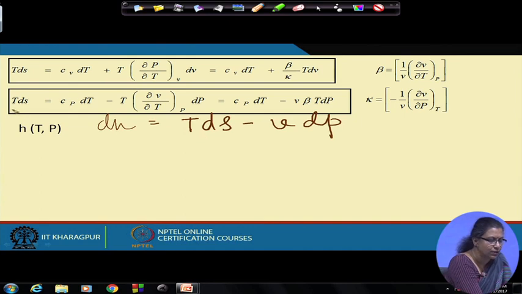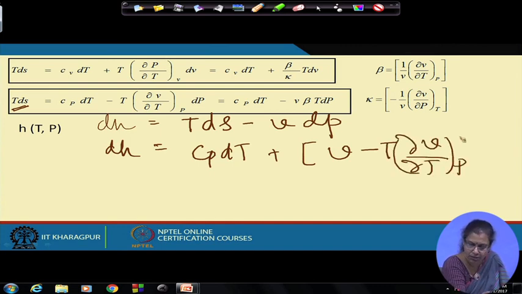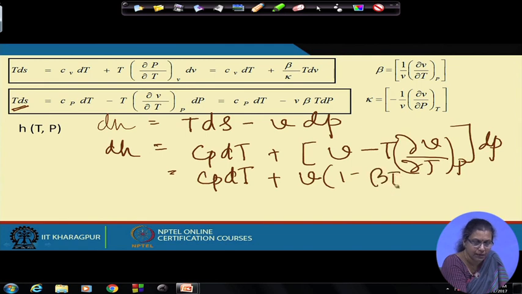Again I substitute the second TdS equation here the same way that I had done, and then what do I get? dH is nothing but Cp dT plus V minus T del V del T at constant P dP, or in other words this can also be written in terms of beta, kappa etc. We can write it as Cp dT plus V into 1 minus beta T into dP, right.